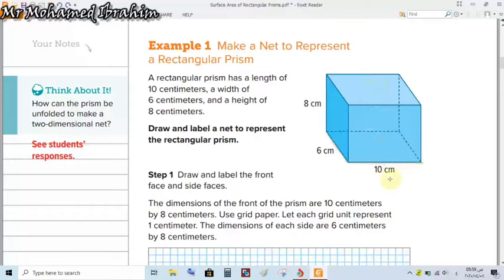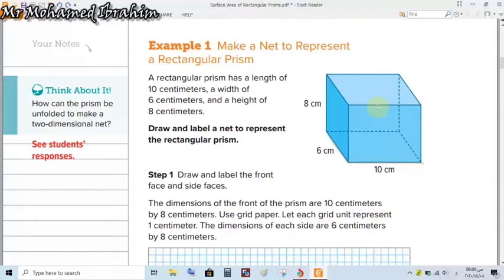Very good. We have here 10, and this side is 8 because it's parallel to the other side, so it's also 8. 10 times 8 equals 80. So we have 80 here and the other side is also 80 square centimeters.